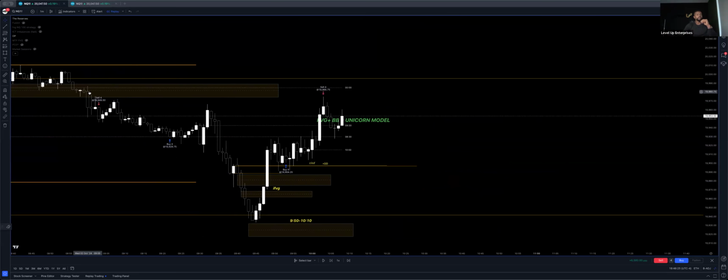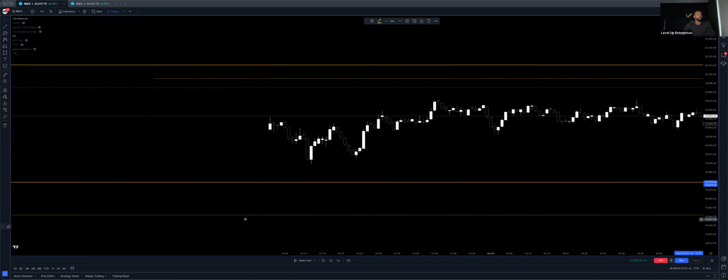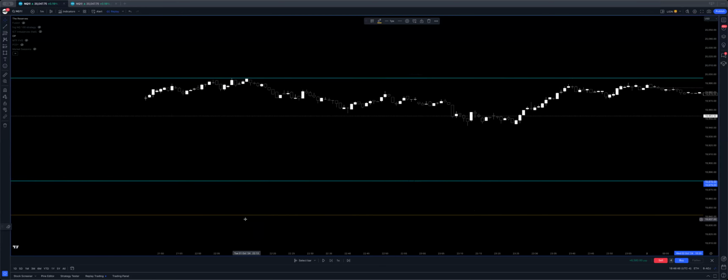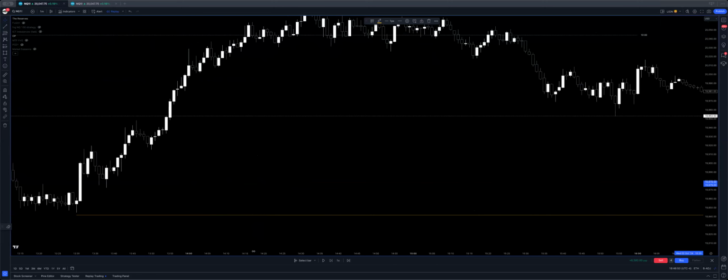We took one trade right here based off the opening price, change in the state of delivery, and inverted fair value gap off the 1 minute time frame. On top of that, what do we see right here? We also see that price raided and did a sweep of London lows. But not only did it go to London lows, where did it go to? Previous day low, I think.